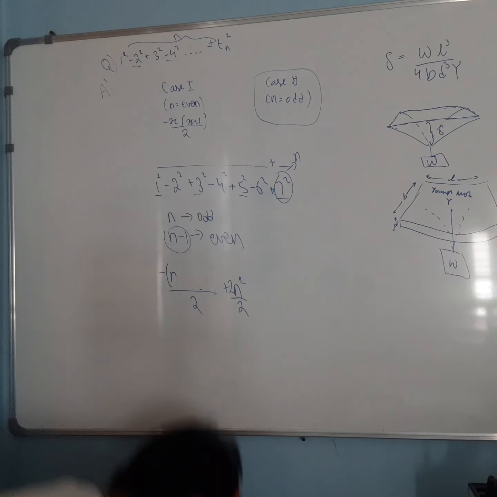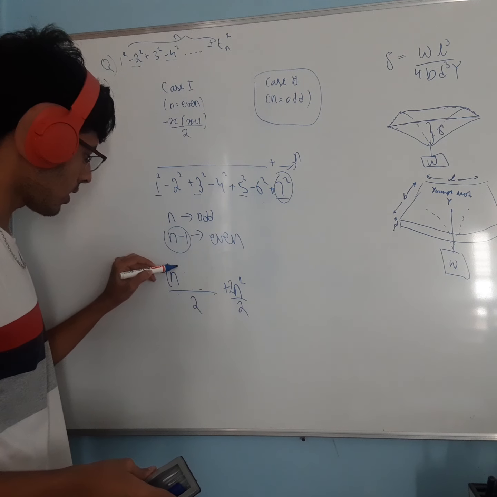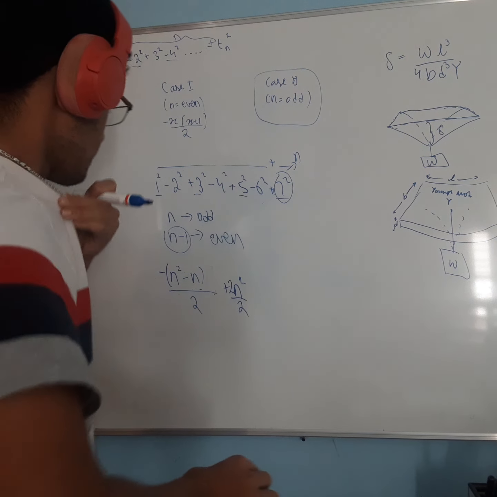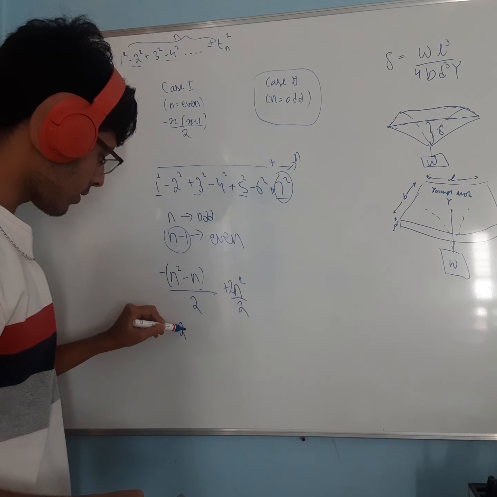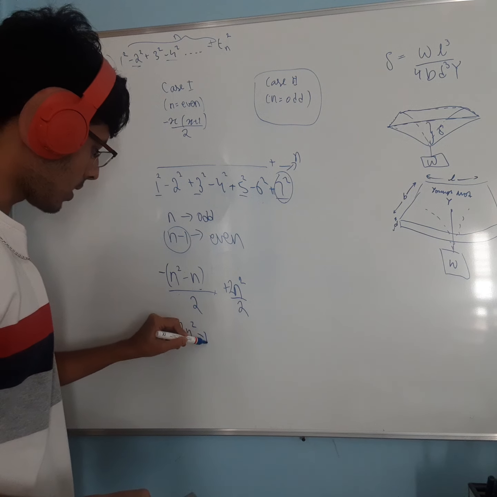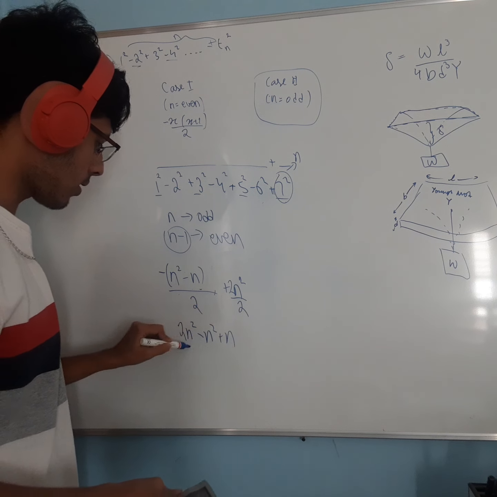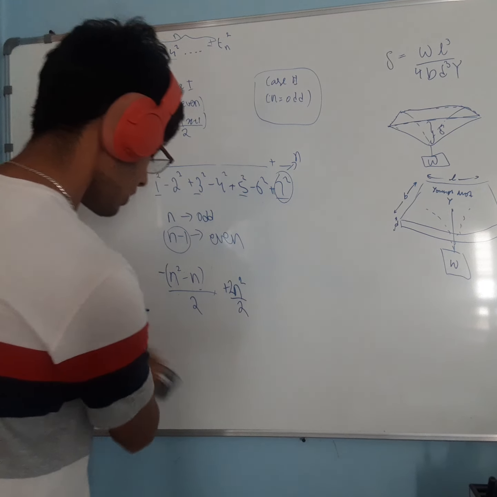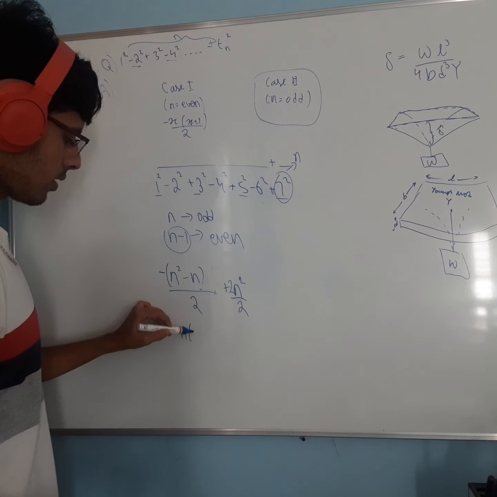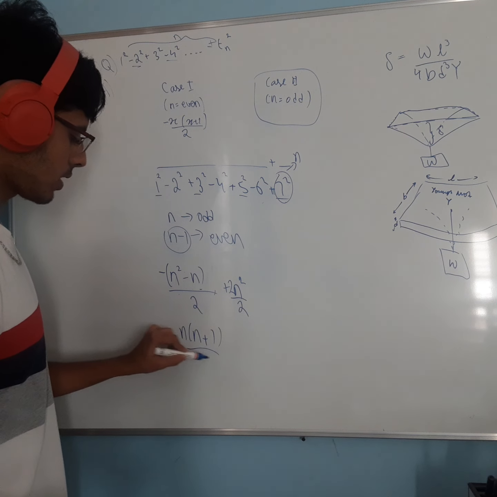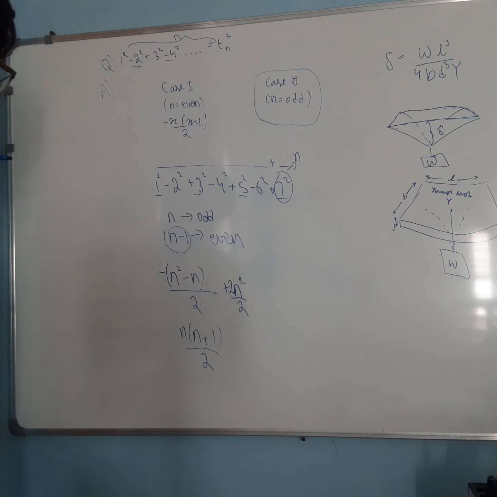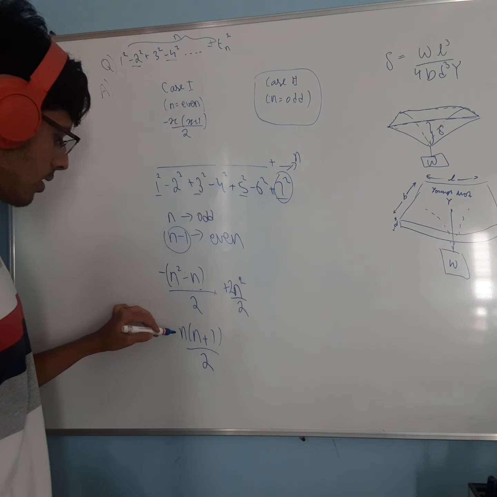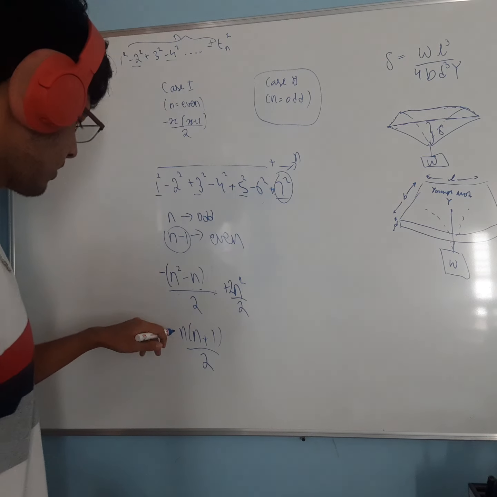So you're going to have n square minus n, and simplifying this, you basically have 2n square minus n square plus n by 2. This is basically n into n plus 1 by 2. If you notice it, the only difference is that there is no negative sign out here.